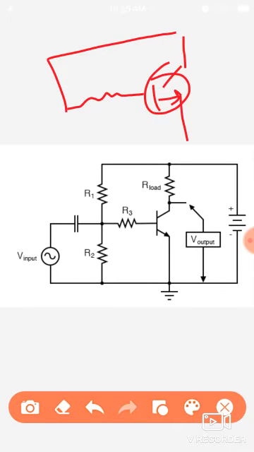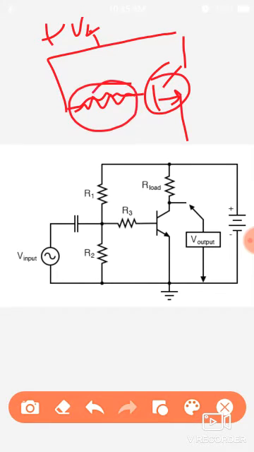If we imagine that this is the terminal of our battery plus VCC, here there is a voltage drop across the base of the transistor. With the help of this voltage, it comes into the active region, and to reduce variation in voltage, we apply a capacitor.